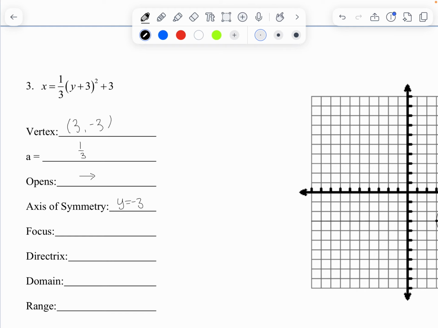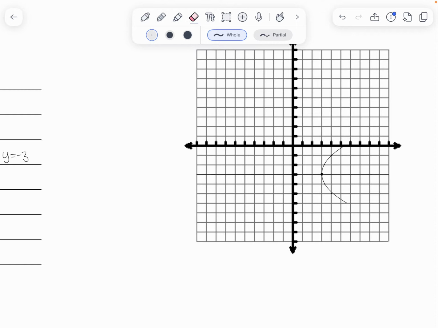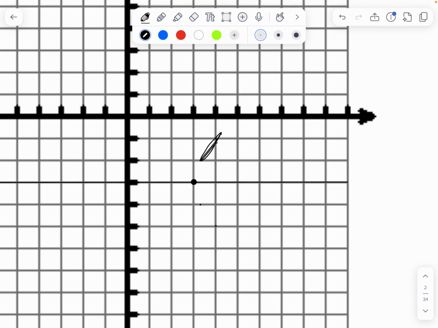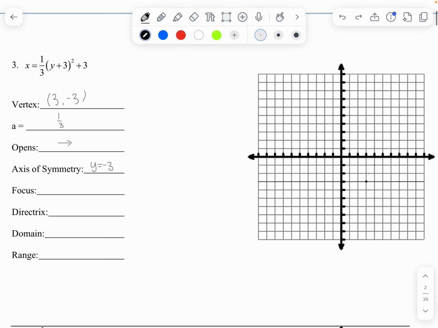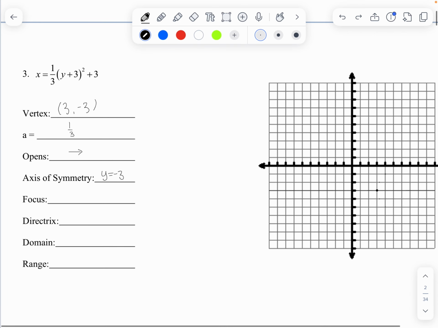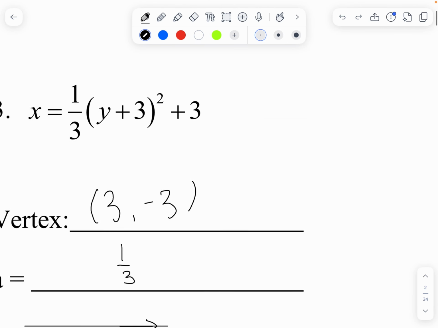So since we can't really plot this using 1a, 3a, 5a, I guess we have to plug in negative 10. I mean positive 10. Right, so if we put in, so we set x, why isn't this zooming in? X equal to 10.